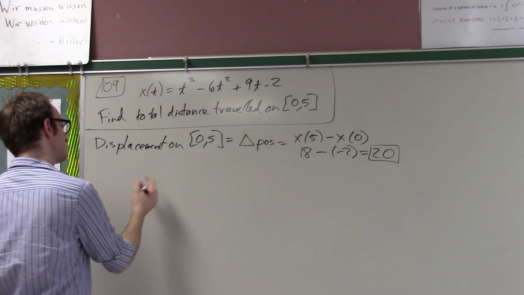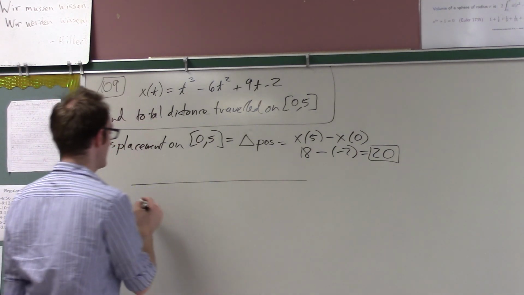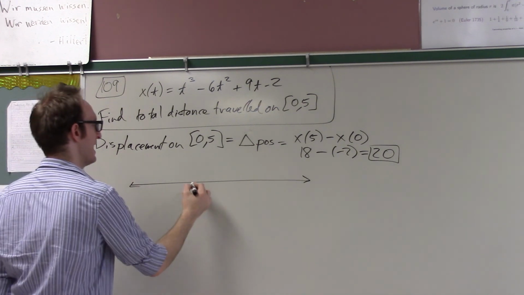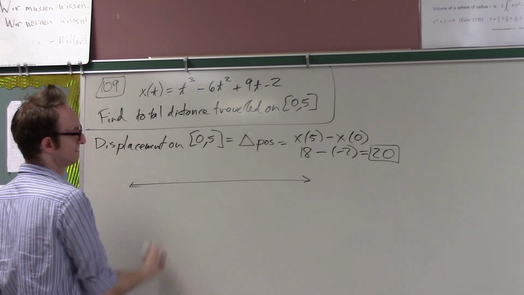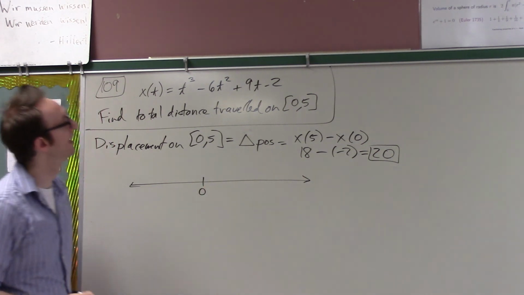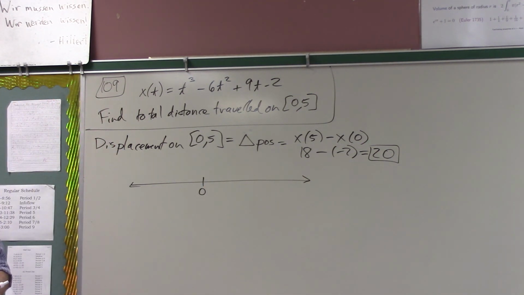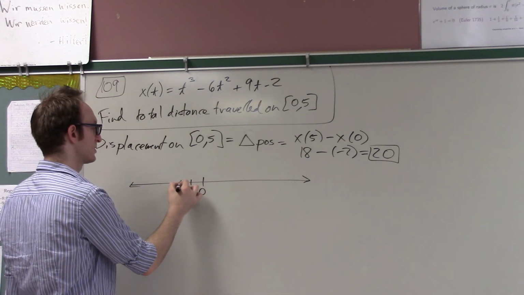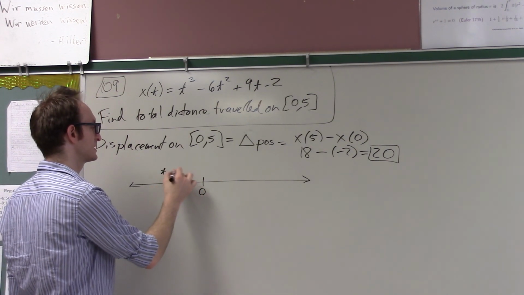And so if we want to draw a number line here and think about what's happening, let's see, where am I at? I guess this is 0. At time 0, I'm at negative 2. So here's my position at time t equals 0.